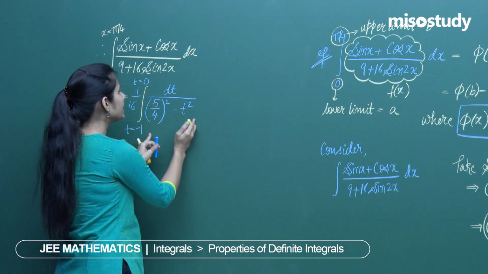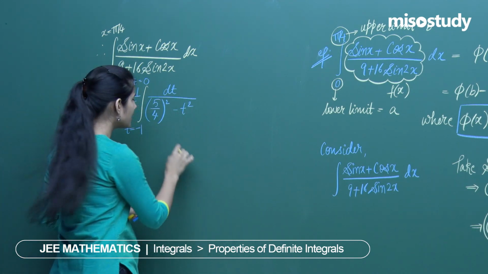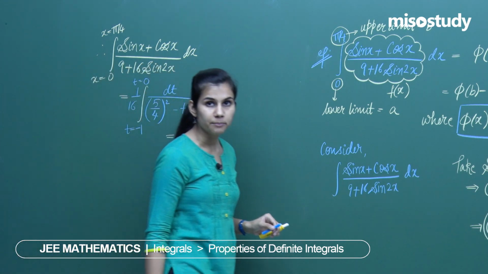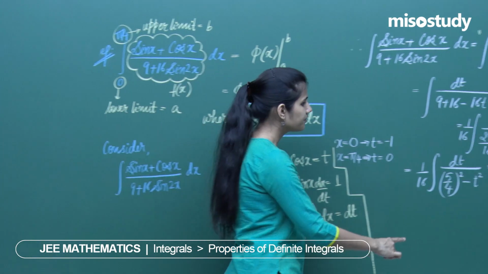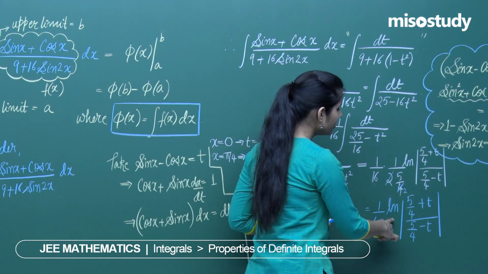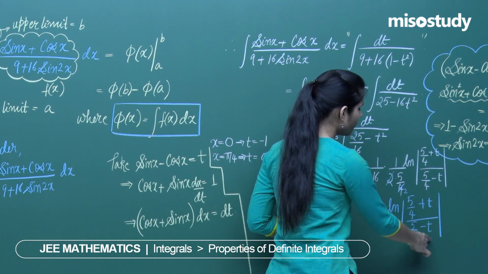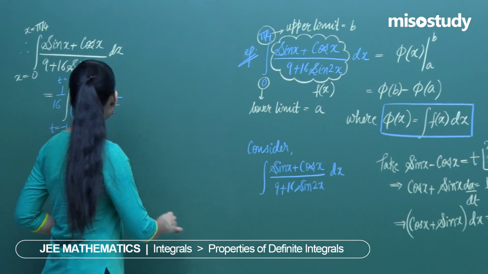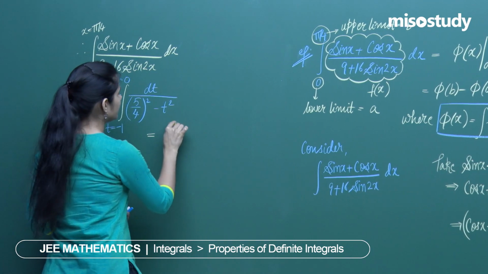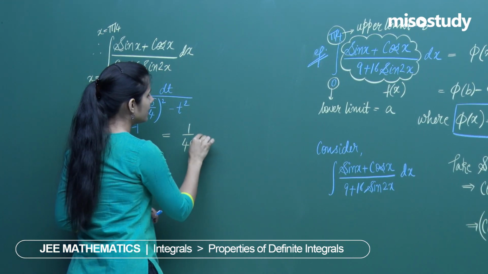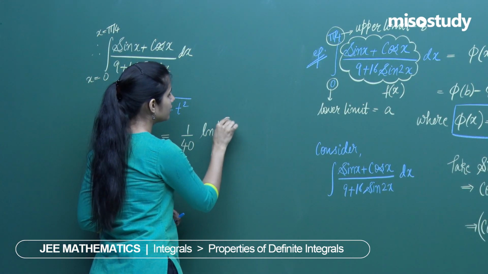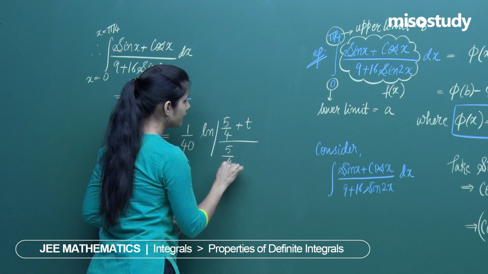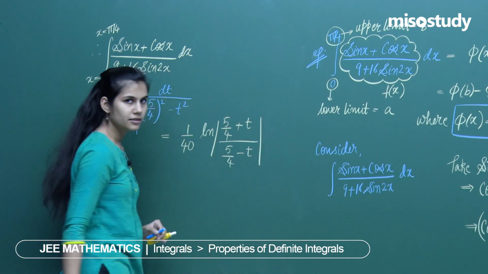This integrand, its definite integral from minus 1 to 0 will be what? Well, compute its antiderivative, that means compute its indefinite integral. Its indefinite integral we had computed, it came out to be 1 by 40 ln of mod of 5 by 4 plus t upon 5 by 4 minus t.